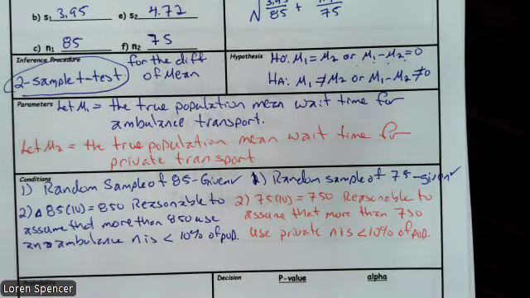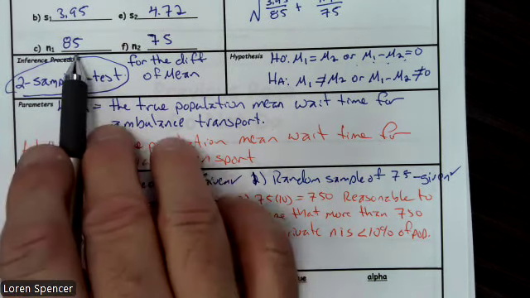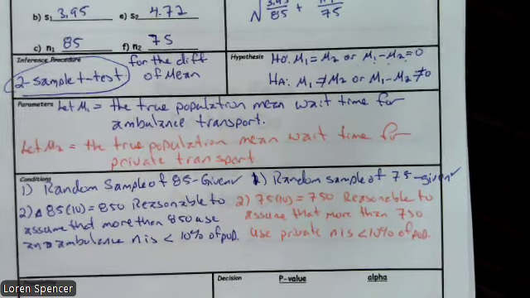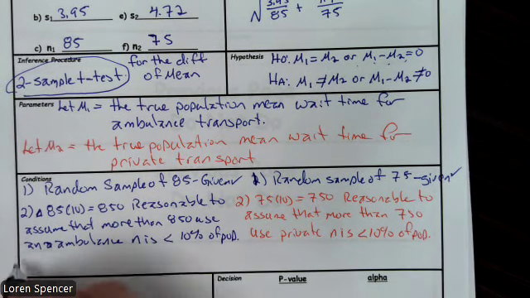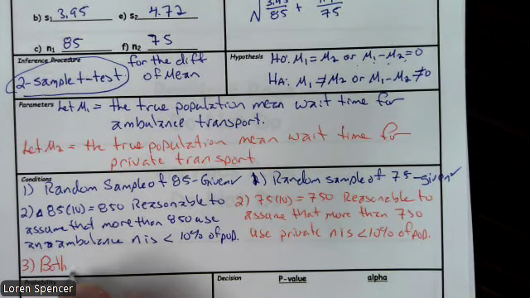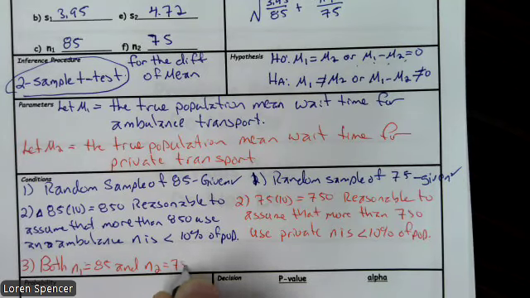All right, then normality. Well, normality is we have to be greater than 30, and both of these are greater than 30. So we're going to combine them. Both N1 equals 85 and N2 equals 75 greater than 30.